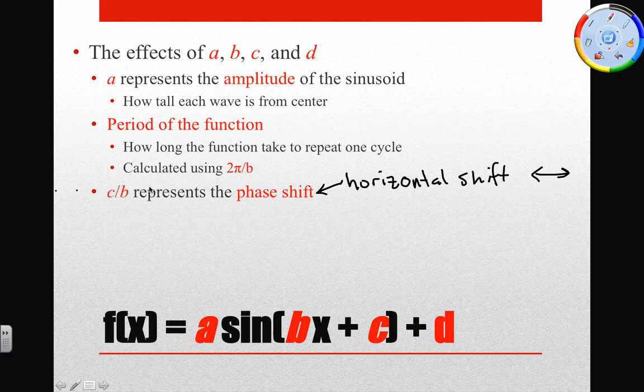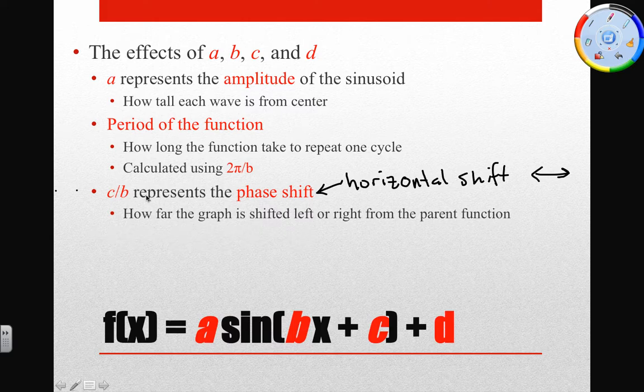And it's C over B. And if this is a plus sign here, this plus C, then it moves to the left. And if it's a minus C, it moves to the right. Just like we did before. It's exactly like we did before with transforming graphs.